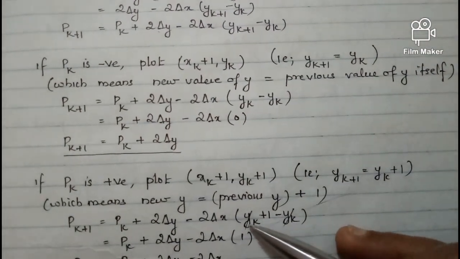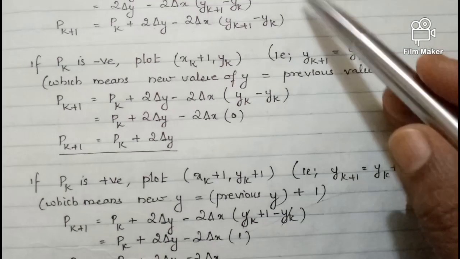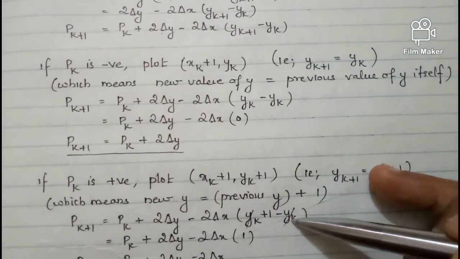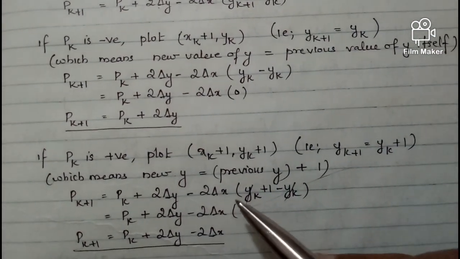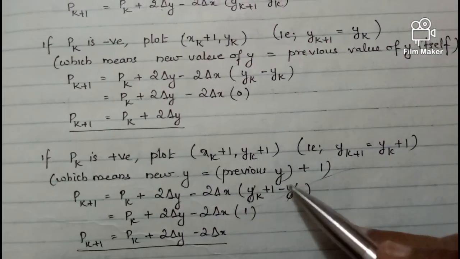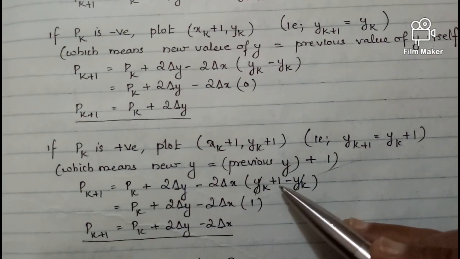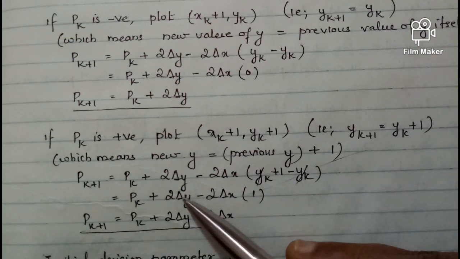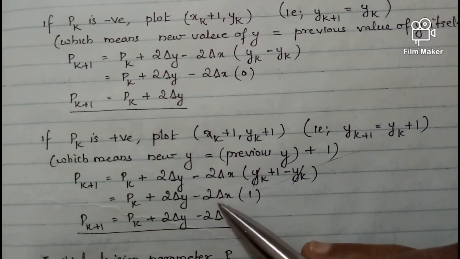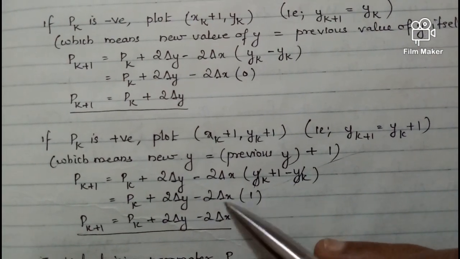Once it is substituted, yk and minus yk will get cancelled off and the only remaining term is 1. So you will get pk plus 2 delta y minus 2 delta x into 1, which is 2 delta x.